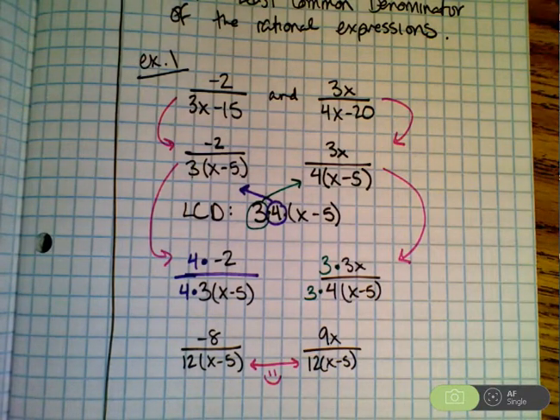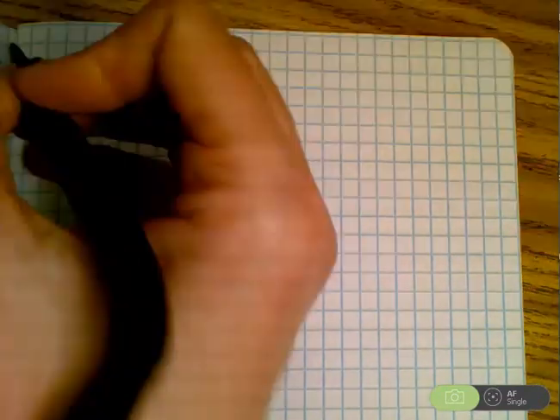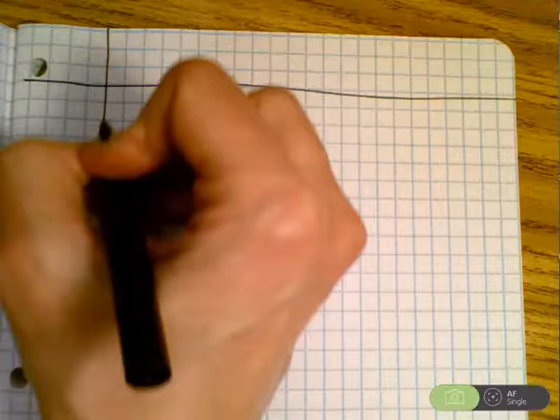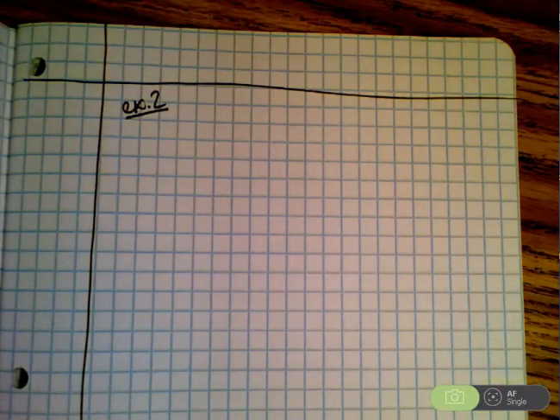Okay, so we're just factoring and multiplying by missing factors. We'll do one more example together. You probably have room on the other page. I just let that one take up a lot of space for some reason, but that's okay.